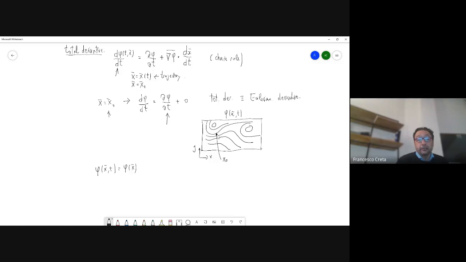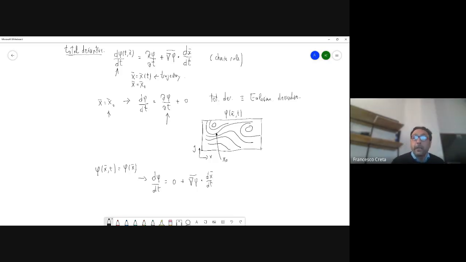On the other hand, if I take the general definition here, I can also have that d phi by dt, the total derivative, is equal to, well, phi doesn't depend on time, so this first term is zero. The Eulerian point representation is zero. And what we have here is simply the gradient of phi dotted with dx by dt. Now that's interesting. What does that mean?